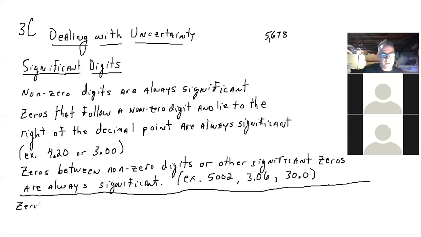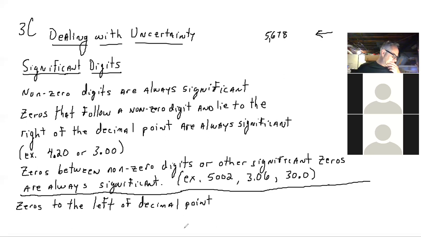Zeros to the left of the decimal point. Well, I didn't say that accurately.